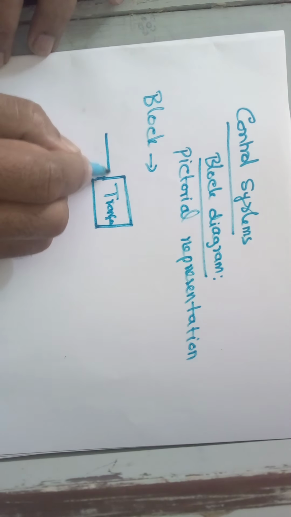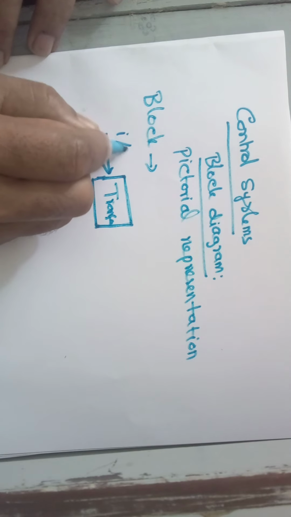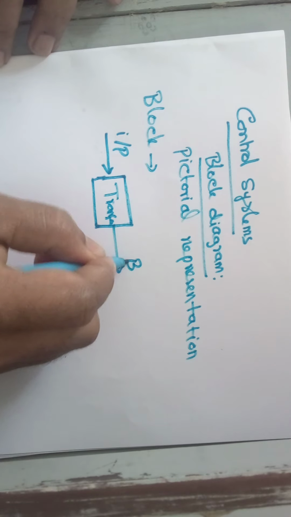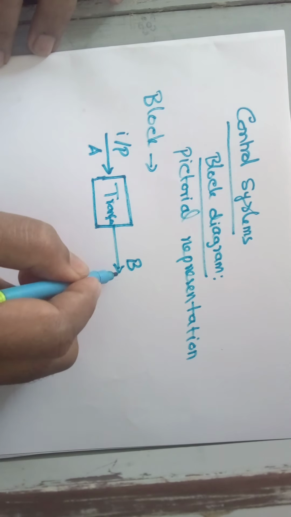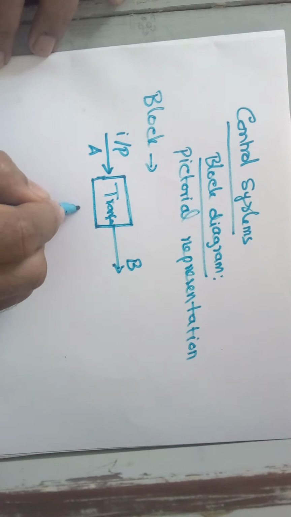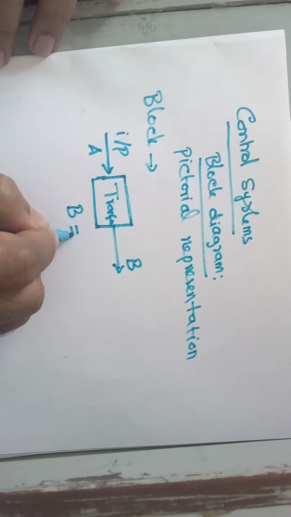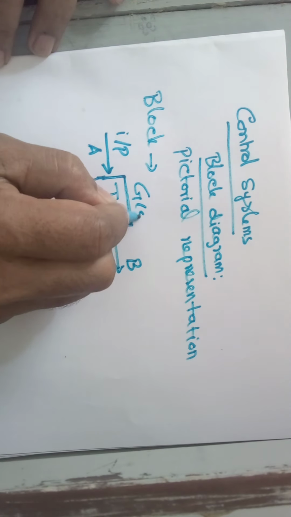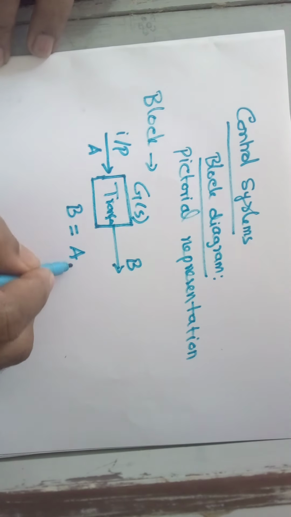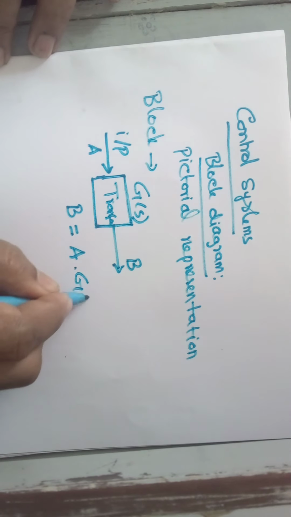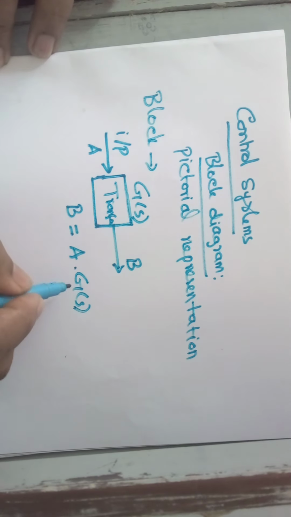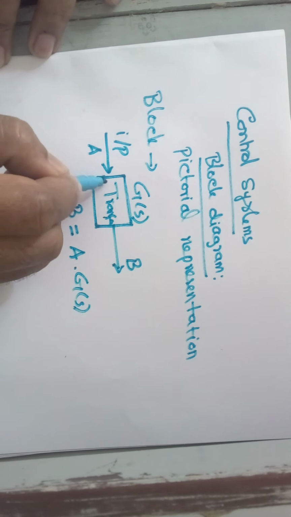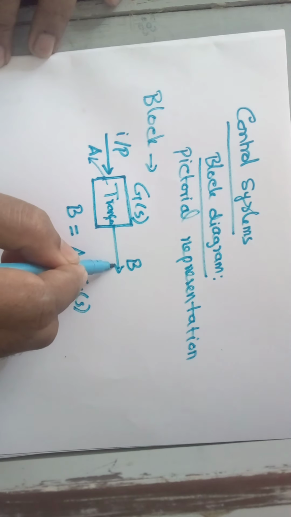Here you will be having an input, and the system will produce an output, for example B. So if your input is A and it produces an output B, we can write the output B is equal to A into G of S, if this transfer function is represented as G of S. Or we can say this transfer function will do some function over this input A and produce the output.